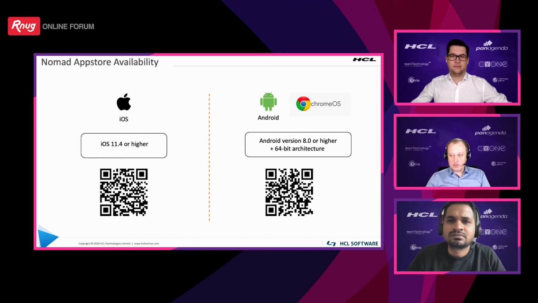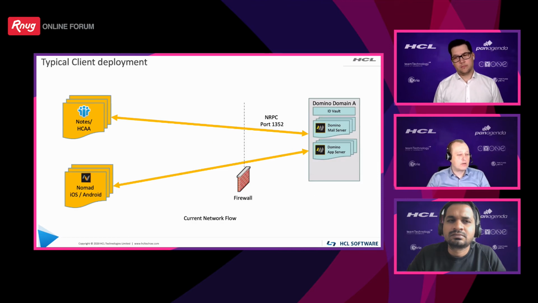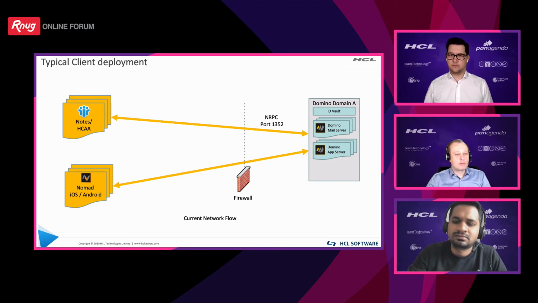I also mentioned a couple of configuration details here, and we have to deviate a bit from the slide deck just to outline what the network situation looks like. In a typical environment, you have your Notes client connecting to your Domino domain using port 1352, which means the Notes client communicates directly with your Domino server.